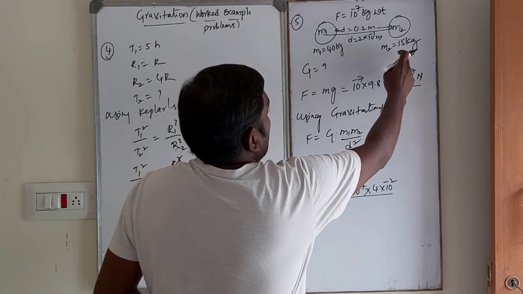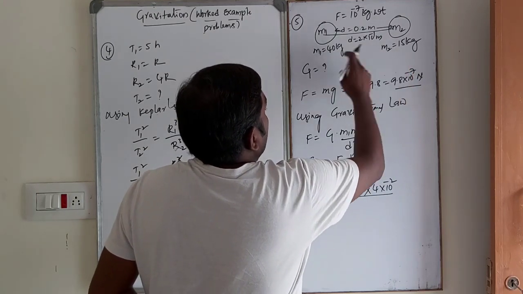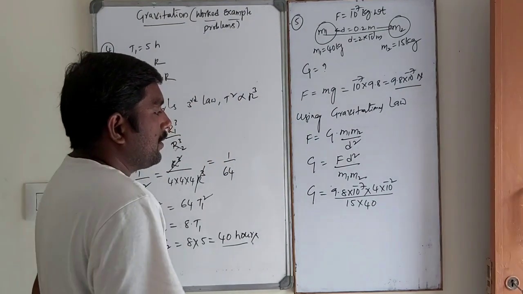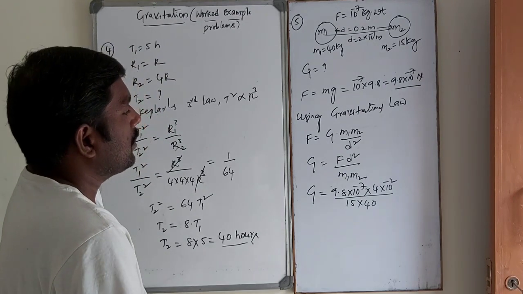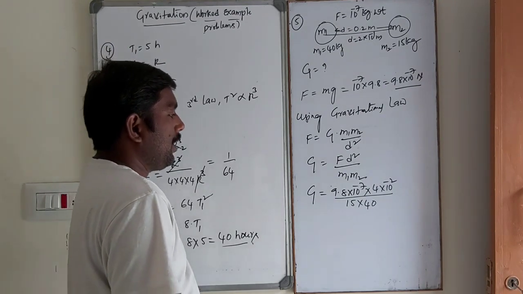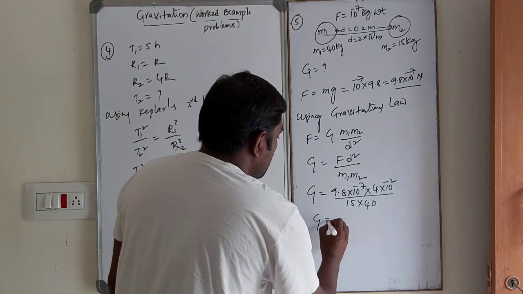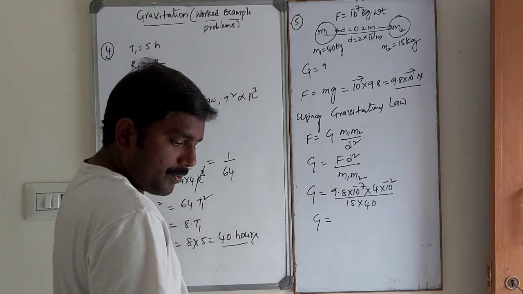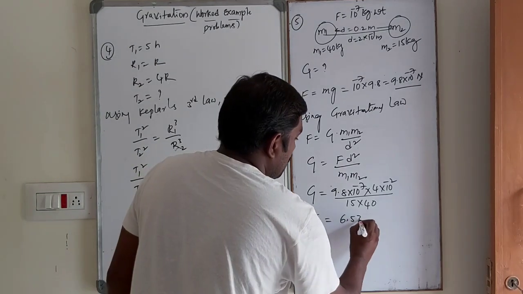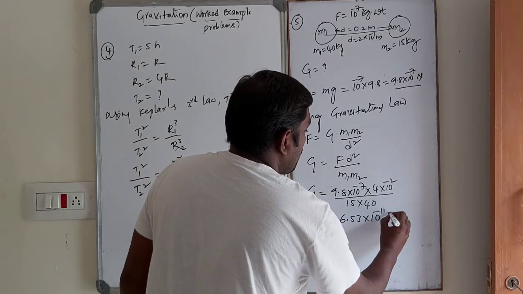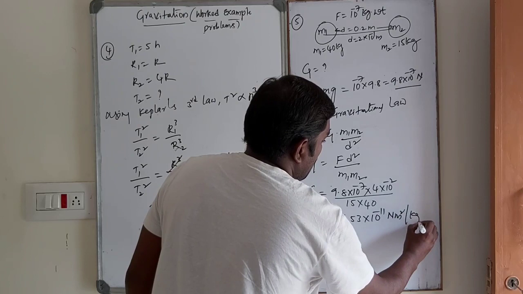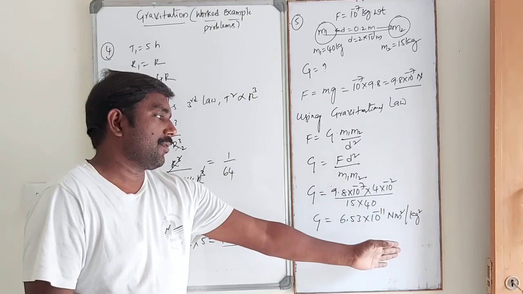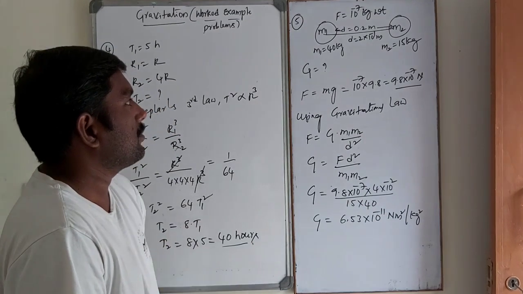m1 into m2 is 15 into 40. After simplification, using a calculator, G is equal to 6.53 into 10 power minus 11 Newton meter square by kg square, the final answer.